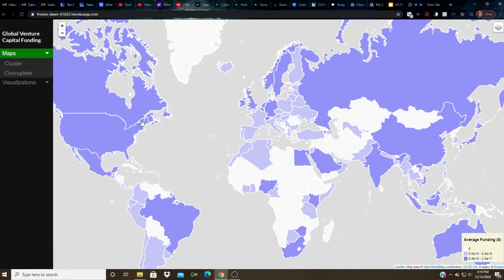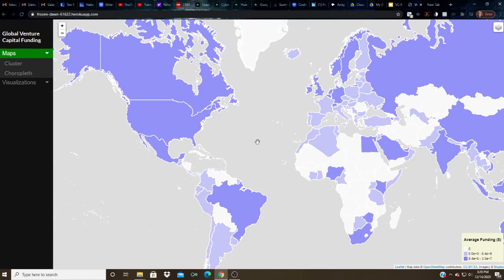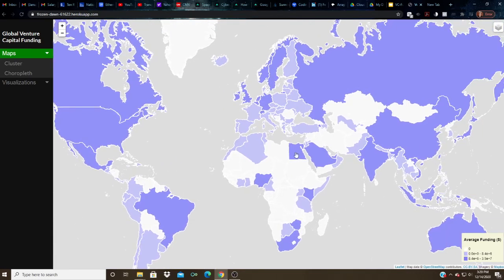8.4 million. And anything worth more than 8.4 million on average is given the darkest level. So you can see that India and China startups are worth more on average than France or Spain, even though France and Spain had a lot of startups.